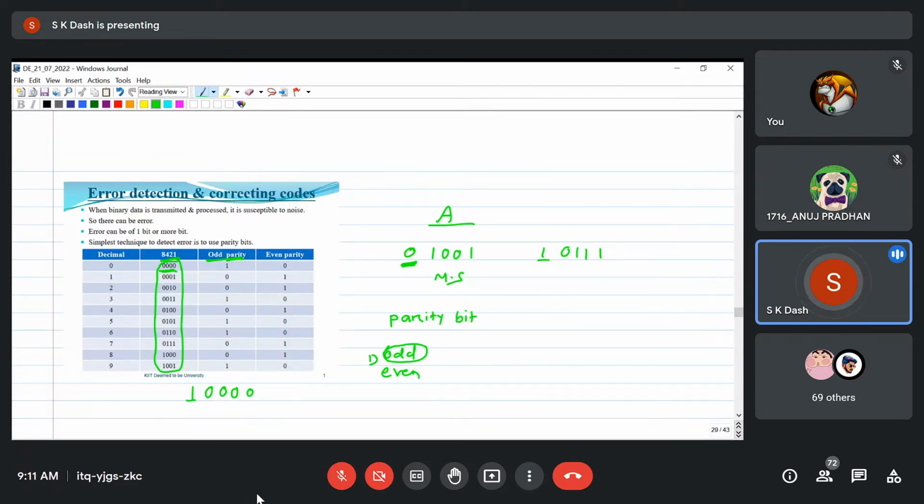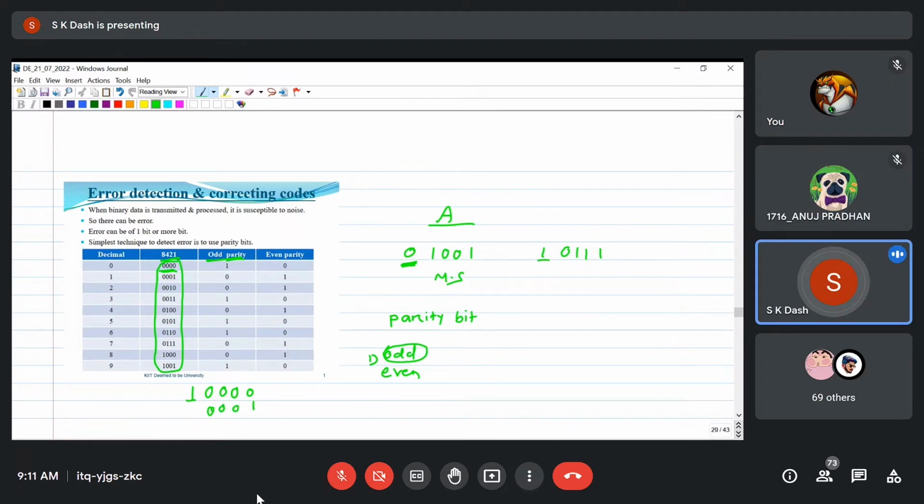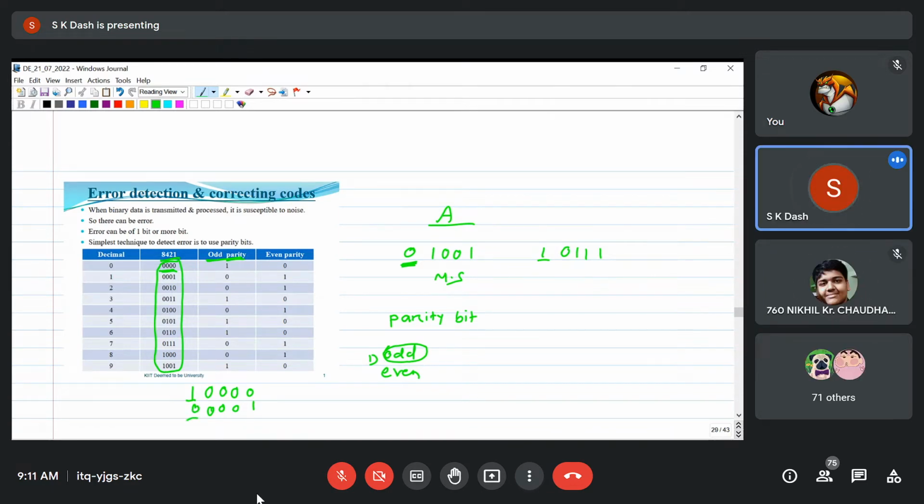Now suppose 0001. Then what should I add? How many ones are there? Already a single one is there. So what do I need to add here? Zero. Similarly, the same odd parities are written here. So verify everything is correct or not for all the combinations.